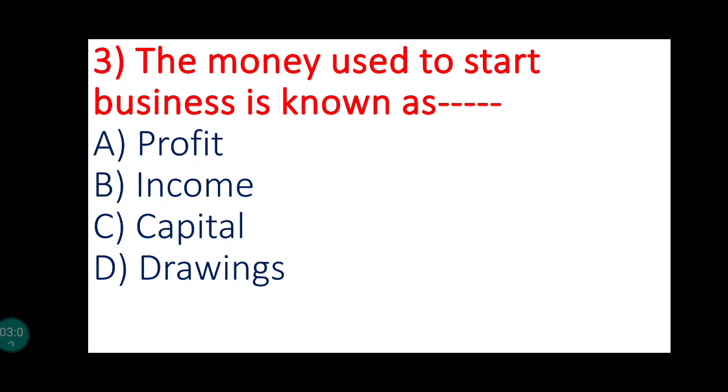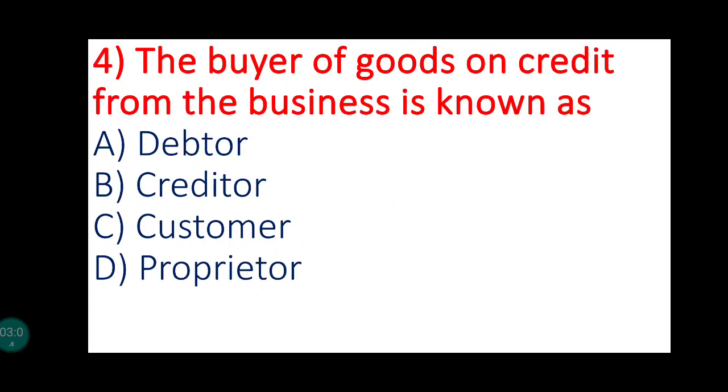Now the fourth point, the buyer of goods on credit from the business is known as. The customer who is buying goods from the business on credit is known as debtor.